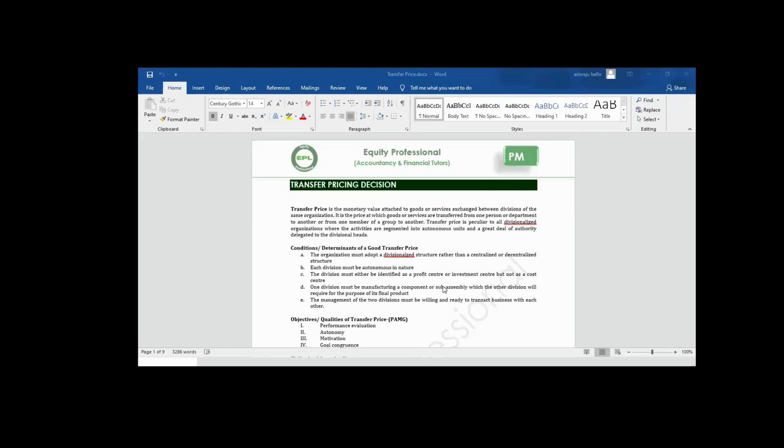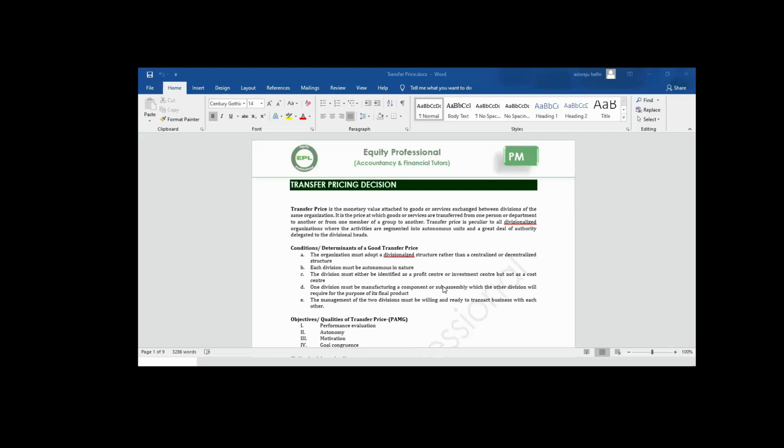Tonight, we shall be looking at transfer pricing. Let me say that this topic is closely related to divisional performance. Under transfer pricing, we shall be looking at what is transfer pricing, what are the conditions for transfer pricing, what are the objectives or qualities of a good transfer price.